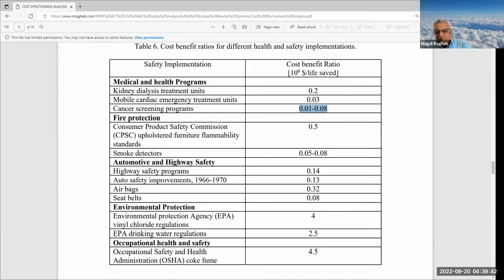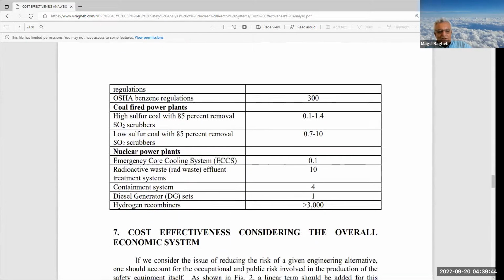It is wasteful of resources to go and just add hydrogen recombiners to nuclear power plants when an emergency core cooling system will cost you not $3,000 million per life saved, it will cost you only $100,000 per life saved. So comparing those cost-benefit ratios allows us to make decisions on what are the better options in terms of reduction of risk.